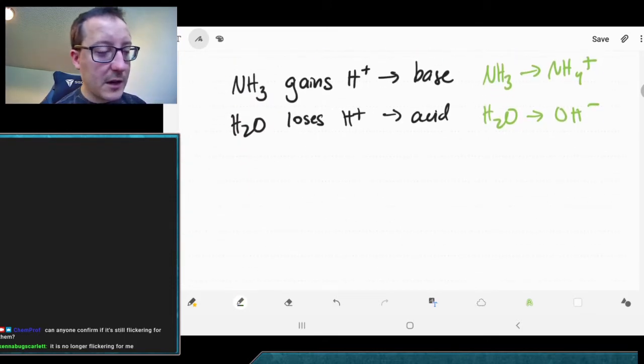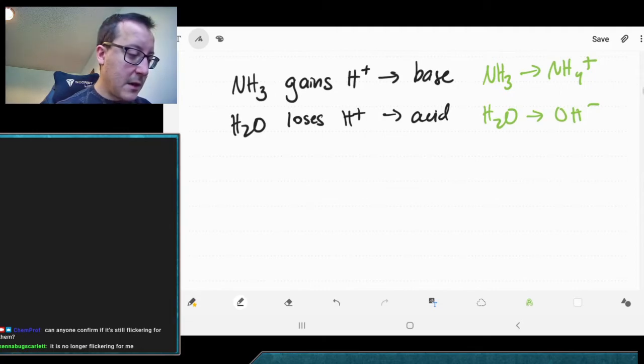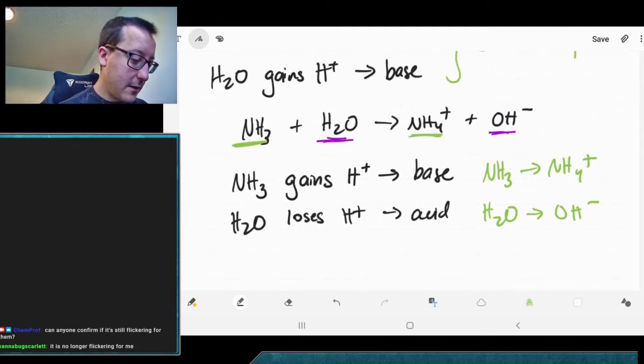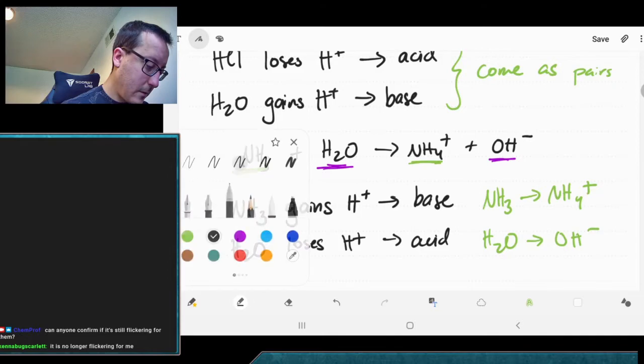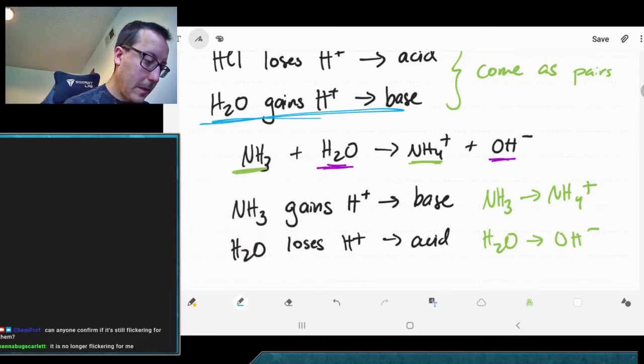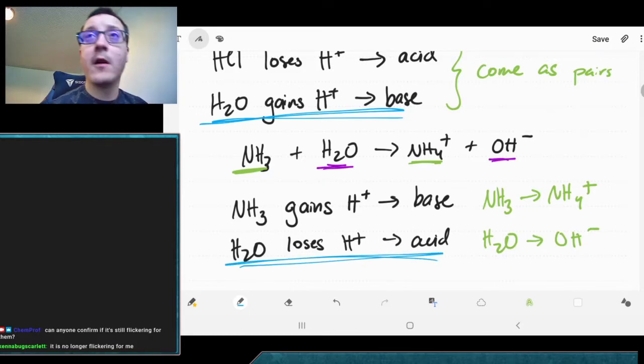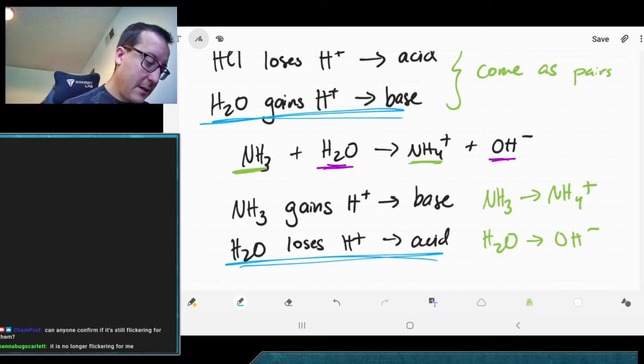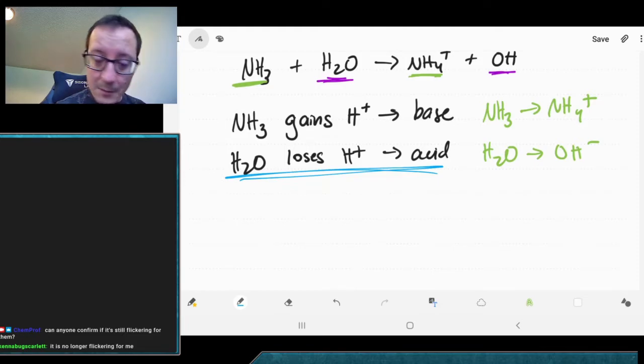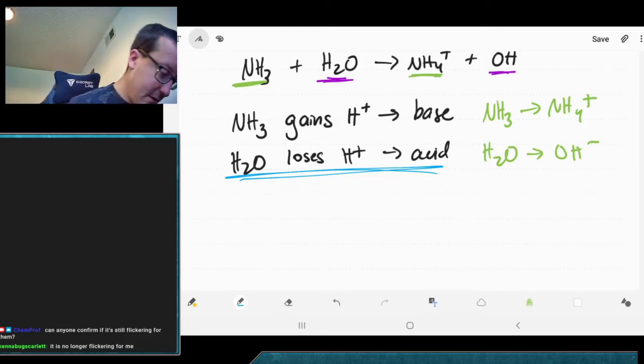If we want to notice something in these two reactions, in the first one we have water acting as a base. In the second one we have it acting as an acid. We have a special name for these, actually two names.